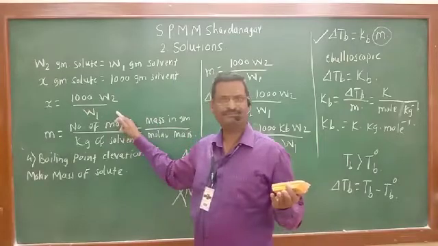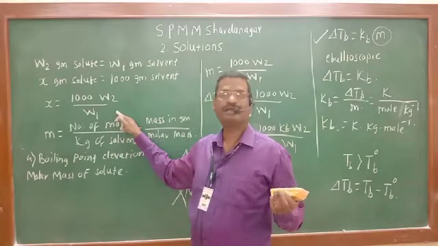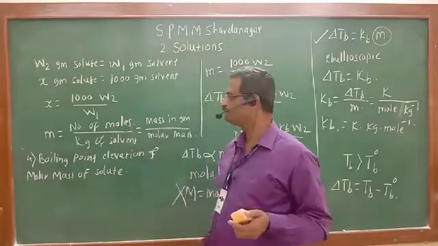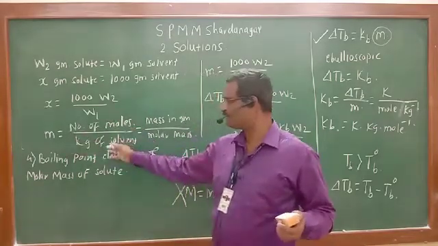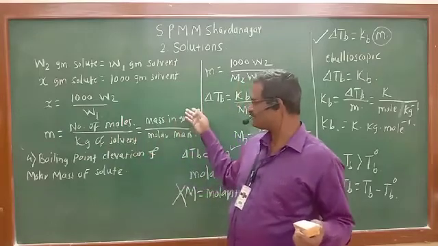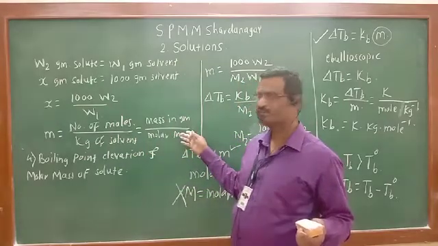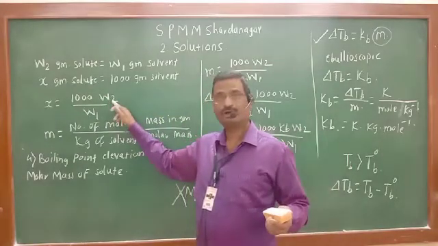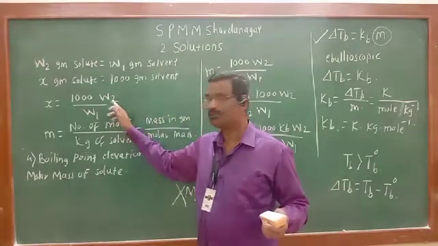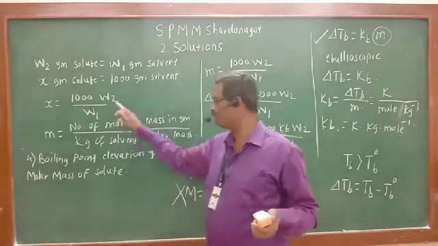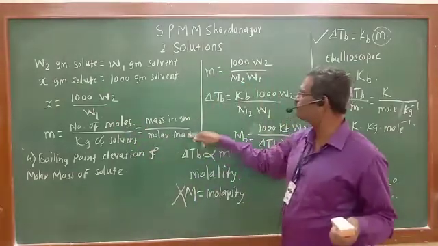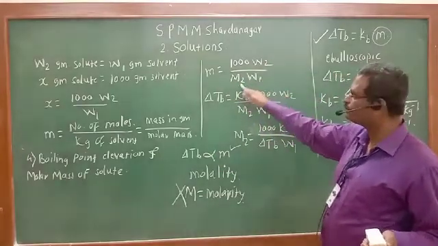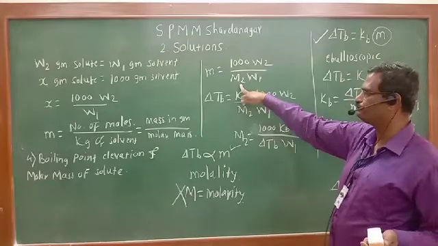Because of the definition: molality is the number of moles present per kilogram of solvent, that is mass in gram divided by molar mass. This is the mass of solute in 1 kilogram of solvent divided by the molar mass of solute. So molality is 1000 W2 upon M2 W1, where M2 is the molar mass of solute.